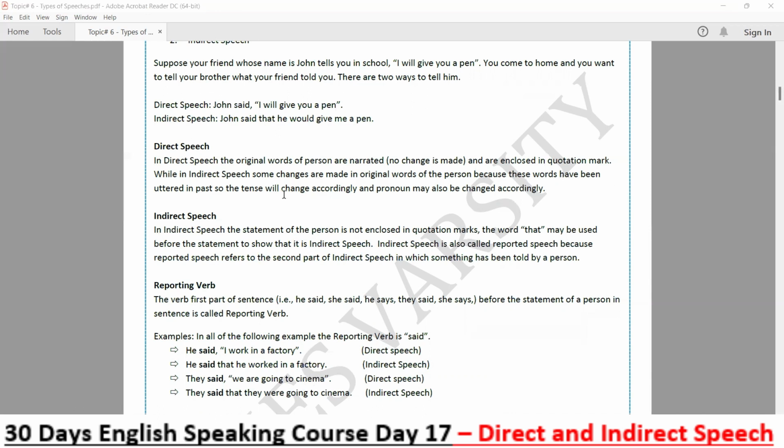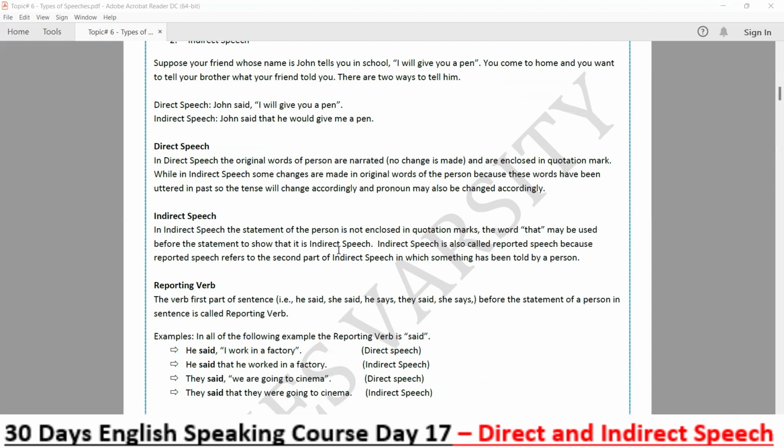So the tense will change accordingly and pronouns may also be changed accordingly. In indirect speech, the statement of the person is not enclosed in quotation marks, and the word that may be used before the statement to show that it is indirect speech.